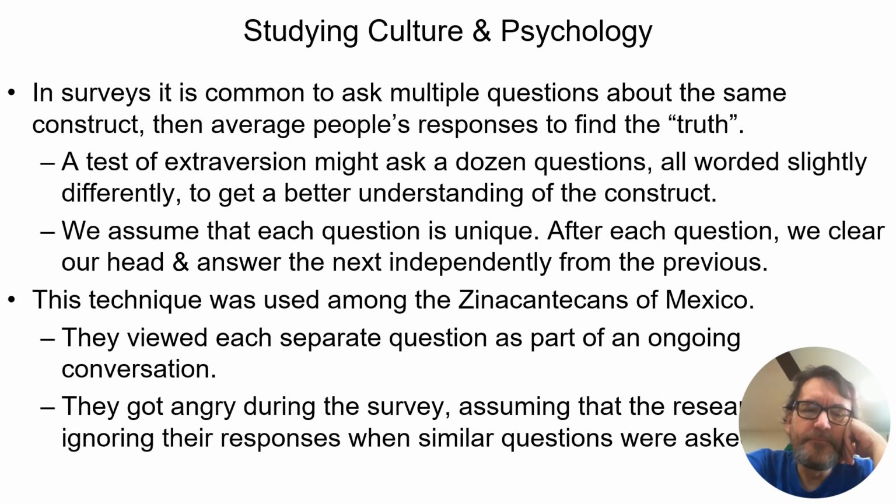Were you rich? Something like that. And so I might ask a variety of questions, like, did you have lots of money in your household when you were growing up? Or did you find yourself needing things that you couldn't purchase? These are a bunch of questions to access this one concept of socioeconomic status.